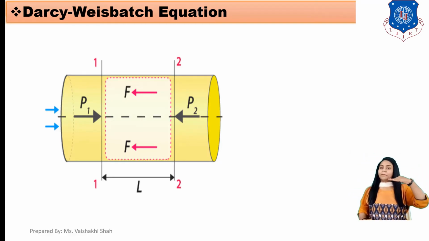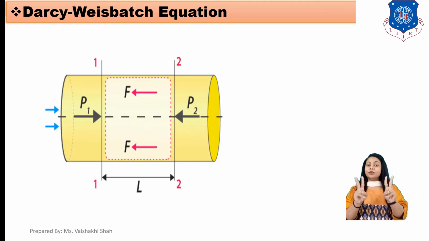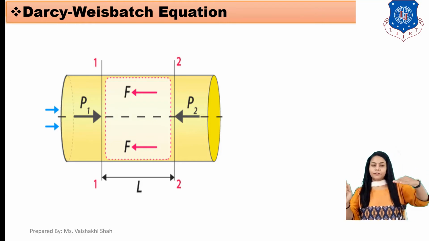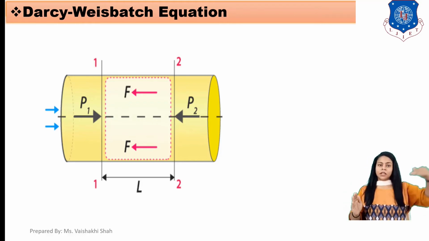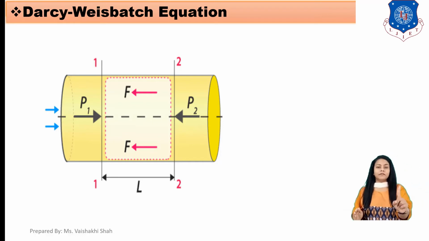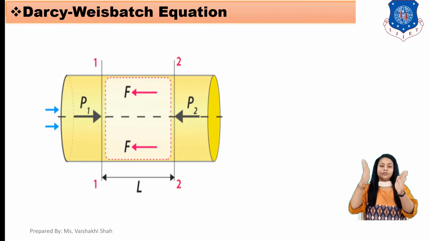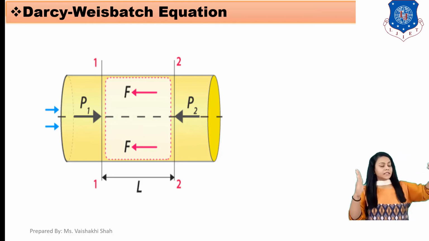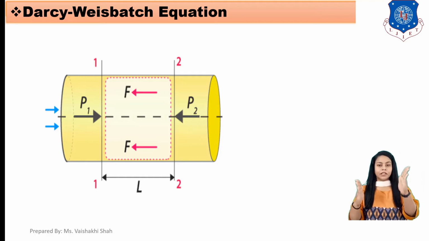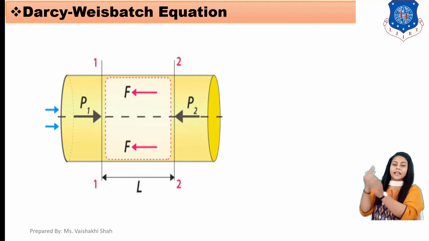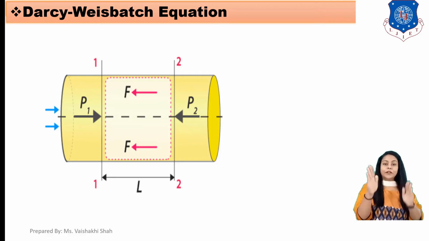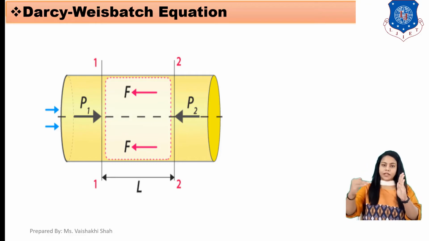In a pipeline, consider two sections, section 1 and section 2. This is the direction of the flow. At section 1, the pressure of the fluid is P1, and at section 2, the pressure of the fluid is P2. From the opposite direction, the other fluid is coming which applies pressure P2 at section 2 in the opposite direction.